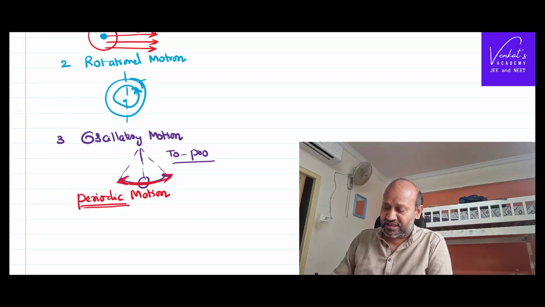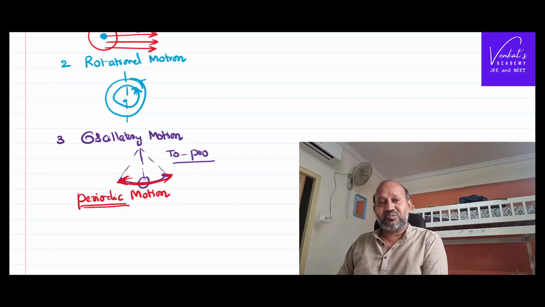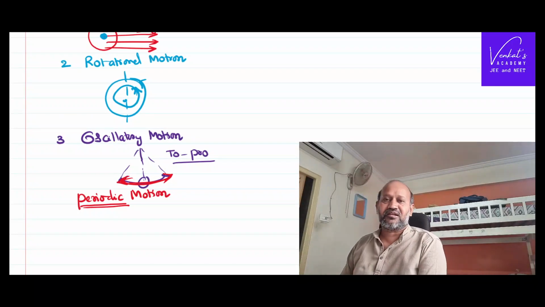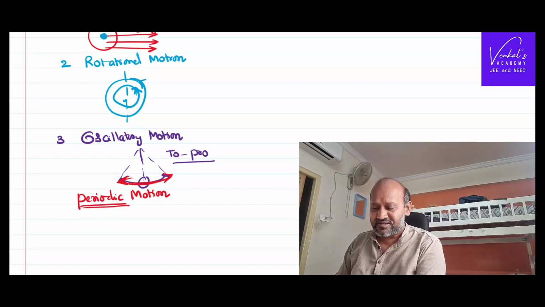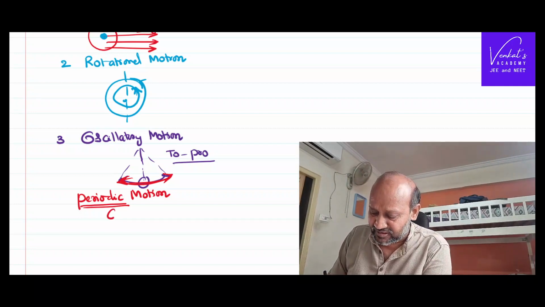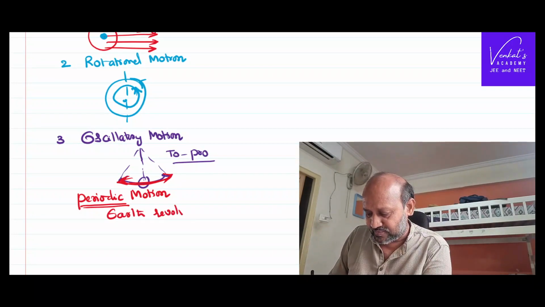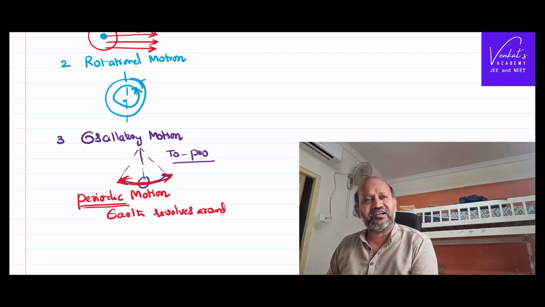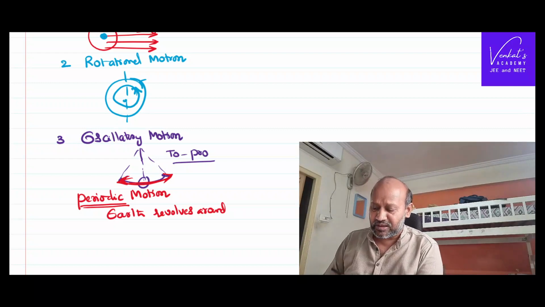It goes and comes back. But be careful: not all periodic motions are oscillatory. For example, the Earth revolves around the sun. It is a periodic motion, but that's not a to and fro motion.